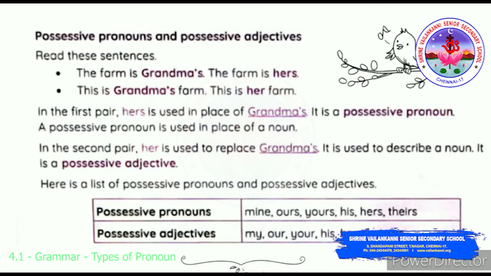Now see the two columns. They have the same meaning, but you have to differentiate them while writing. Possessive pronouns: mine, ours, yours, his, hers, theirs. Possessive adjectives: my, our, your, his, her, their, and its.